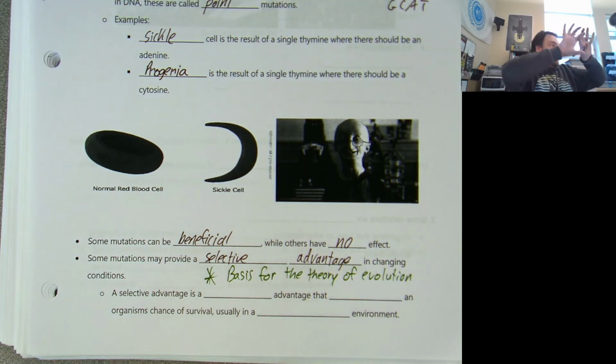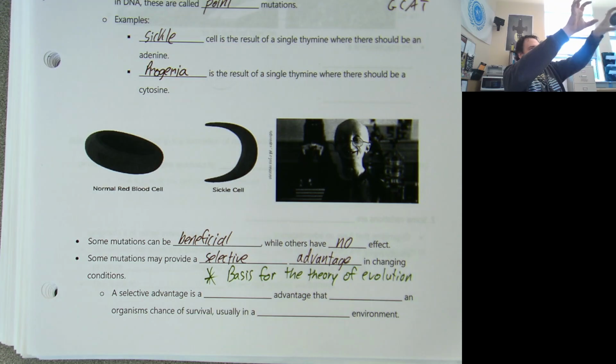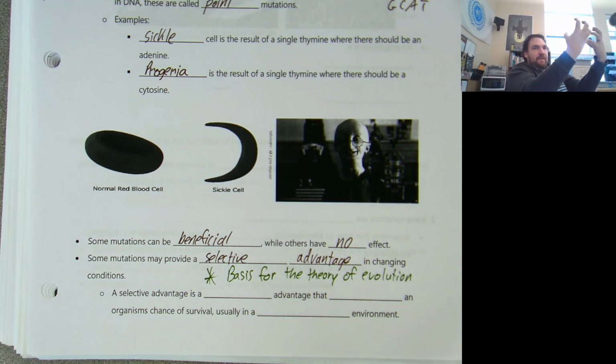But that middle band, there's a reason why indigenous people and people from the equator all have darker skin. India, Africa, Central America are typified by having darker skin.